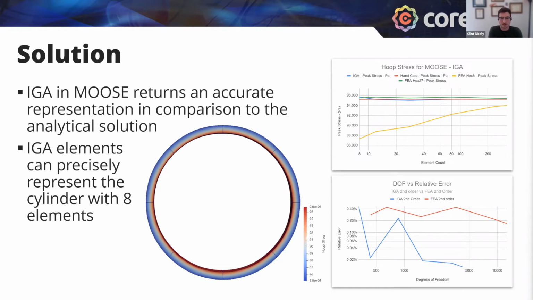If you were to do this in a finite element method, this would look like an octagon instead. It would not be a circle. It would be a multifaceted approximation of a circle. So that's something that isogeometric analysis is able to capture at even very low resolutions: the exact geometry of the component that you're looking to analyze.